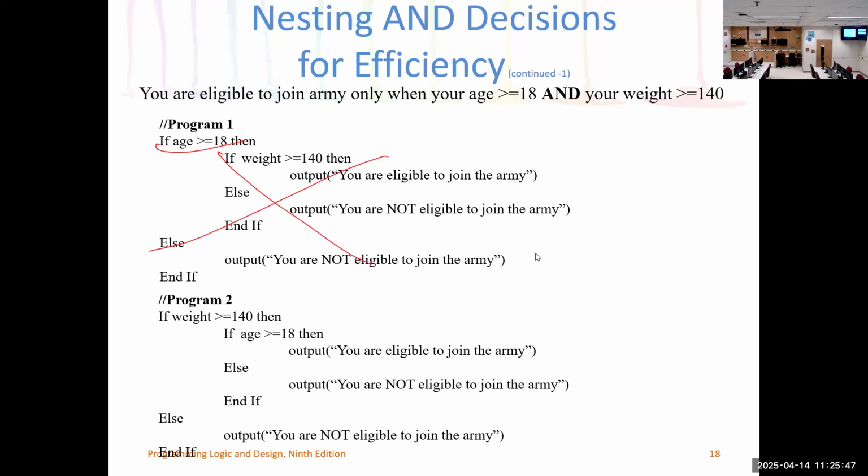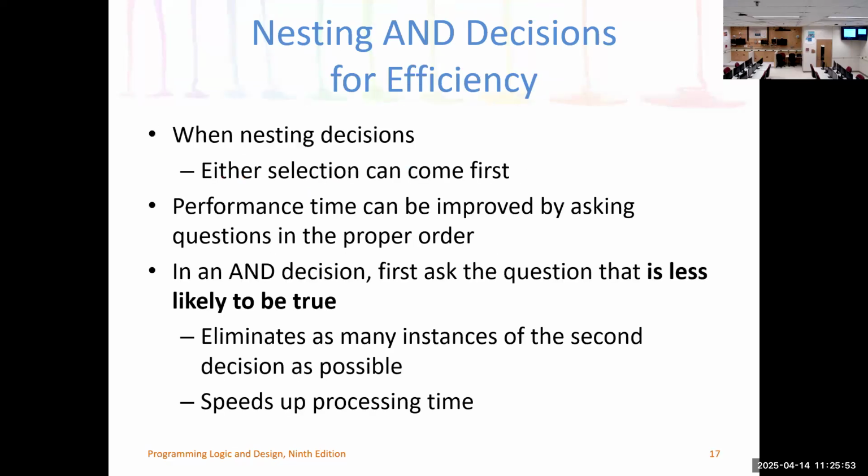And you see that something is less likely to be true, you check it first. Okay? So that's why in the AND logic here, right? They tell you here that in the AND decision, you first ask the question that is less likely to be true, to make it more efficient, right? So the computer does not have to check the second condition here.